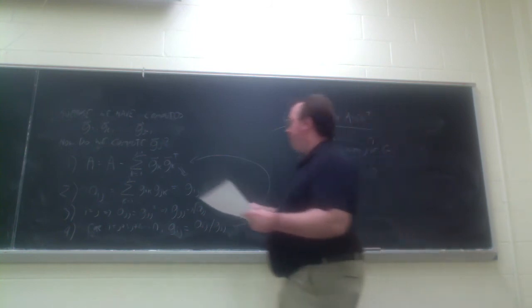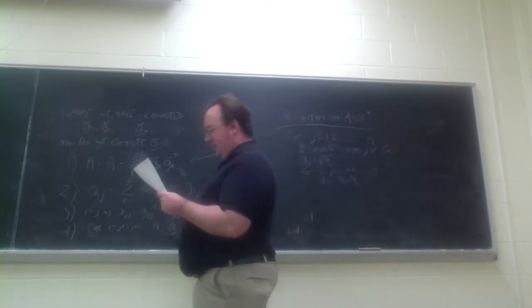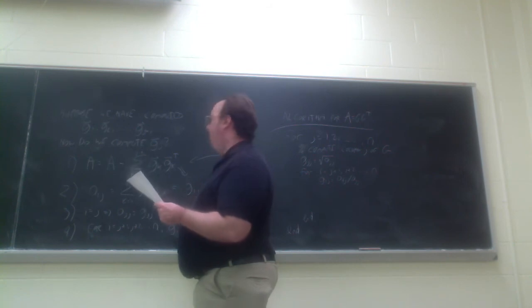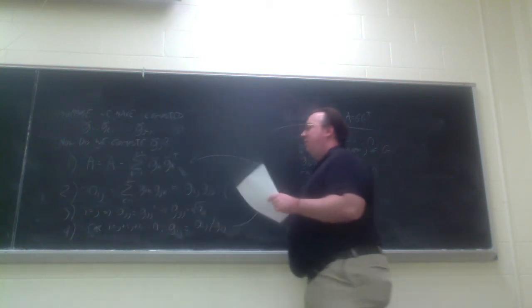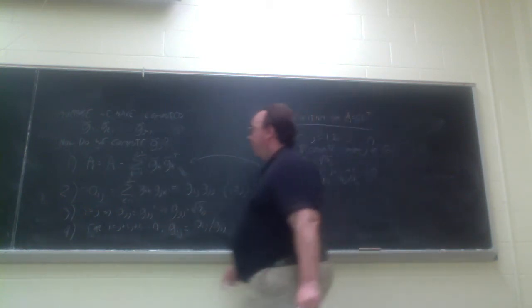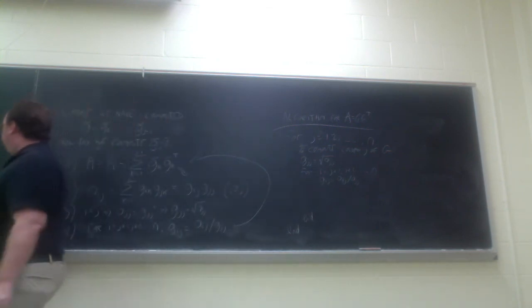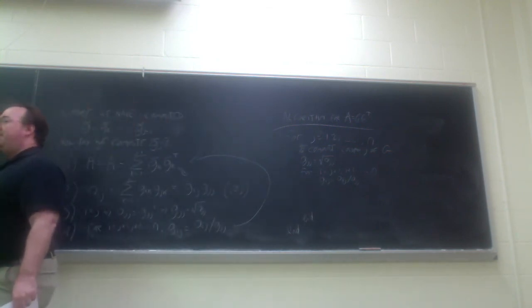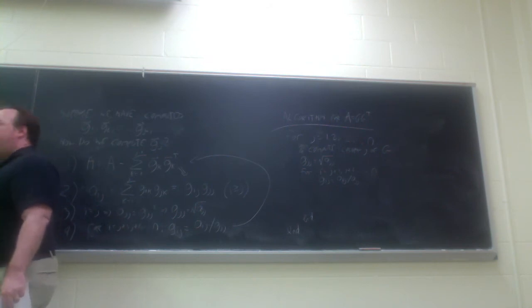So if we look back here, well, let's see. It's column J I need to deal with. Well, actually, the other way that I wrote the sum earlier is what's going to help me here. So I have this sum of outer products, and the term corresponding to column J, that's what I want to subtract off.